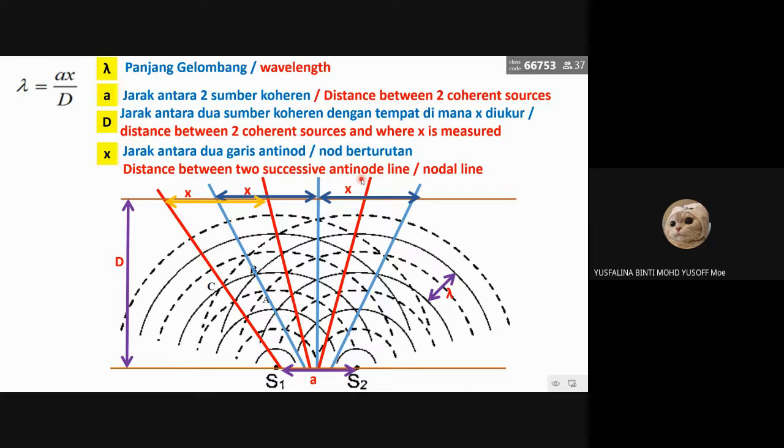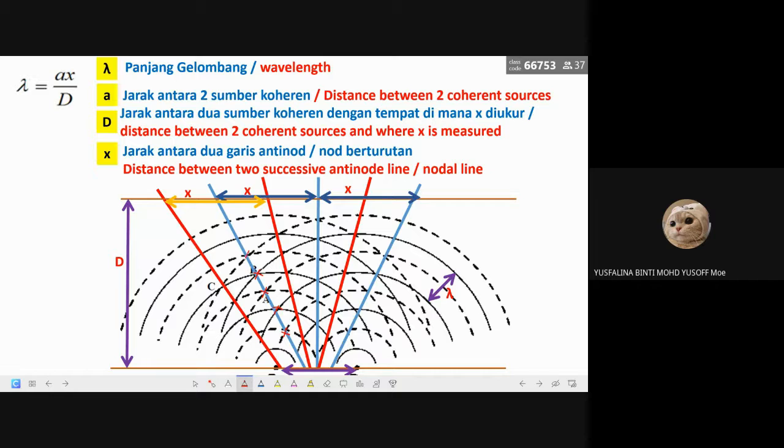I give you an example. Here, the antinodal line is for the blue one. Here you can see the trough meets the trough, so this one is constructive. This one also constructive, crest meets crest. This one also constructive, trough meets trough. This one is crest meets crest, again constructive.